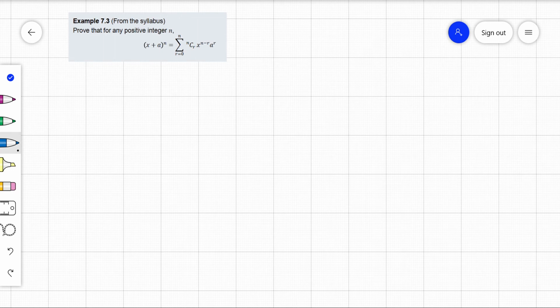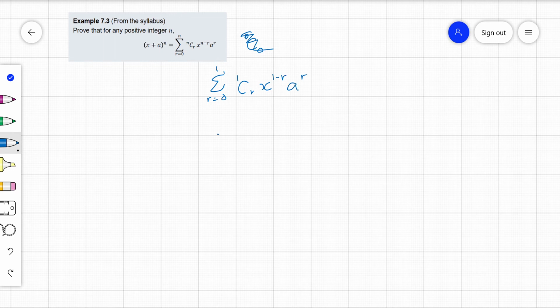If I look at the right-hand side, I'm going from r equals 0 to n equals 1, so that's going to be 2 terms. Let me just write it out properly. So we're going from r equals 0 to 1 of 1 choose whatever r is, x to the 1 minus r, a to the r.